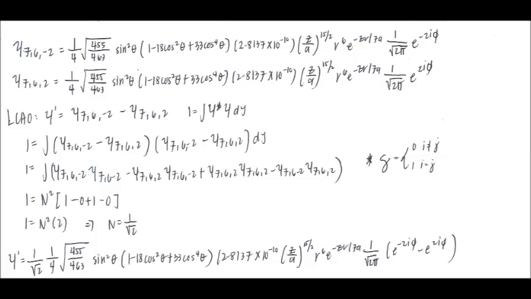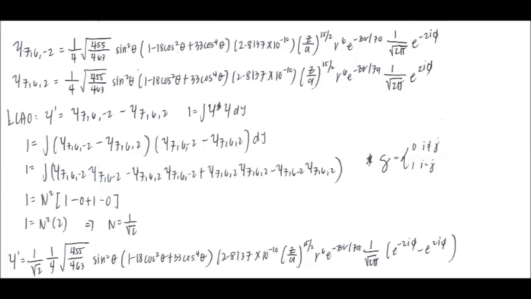So in Kronecker delta, if the i is not equal to j, the value is 0, and if i is equal to j, the value is 1. So in our case, we will now have 1 equals n squared times 1 minus 0 plus 1 minus 0. We will get 1 equals n squared times 2. So the value of n equals 1 over square root of 2.